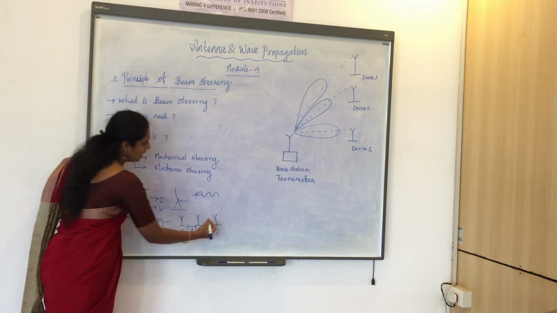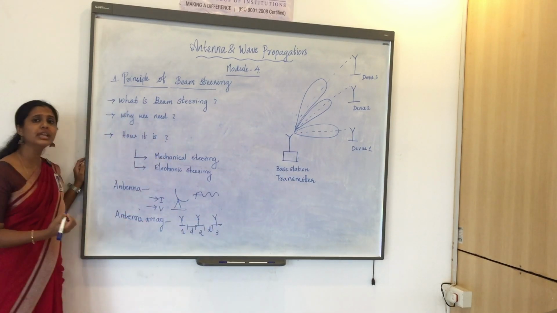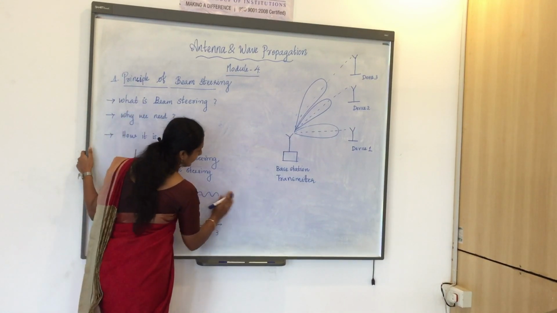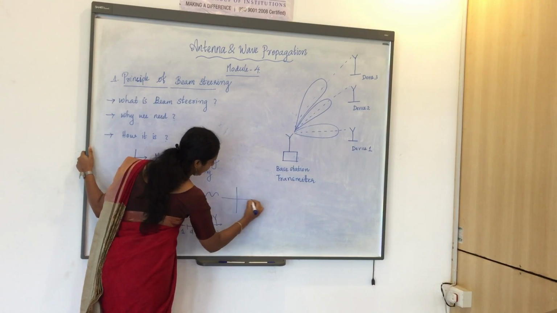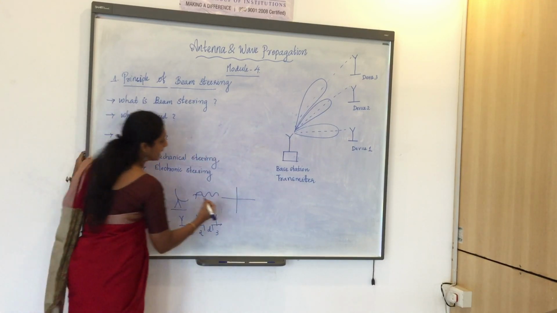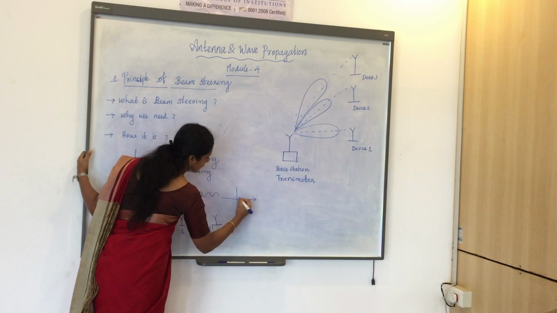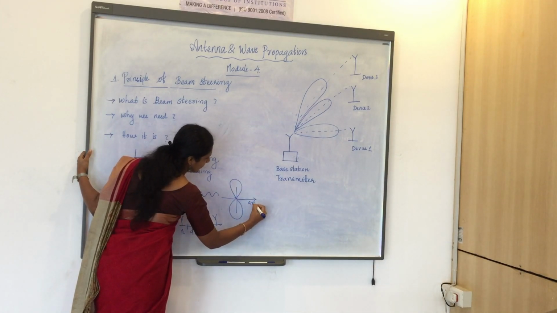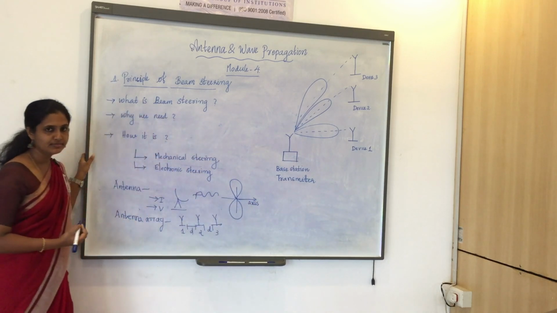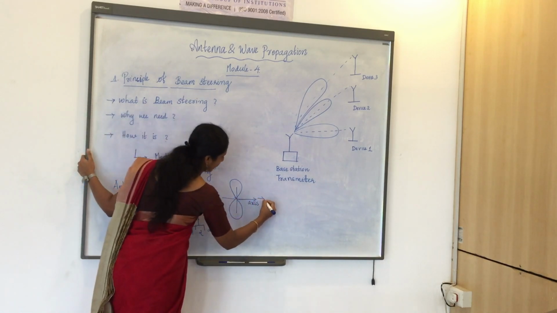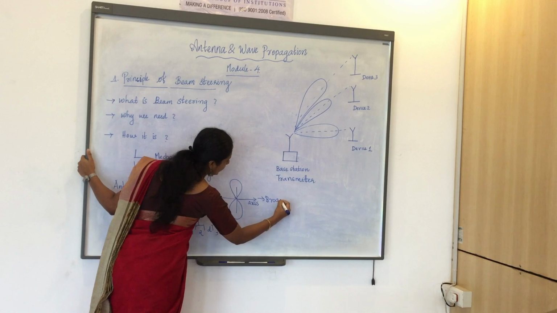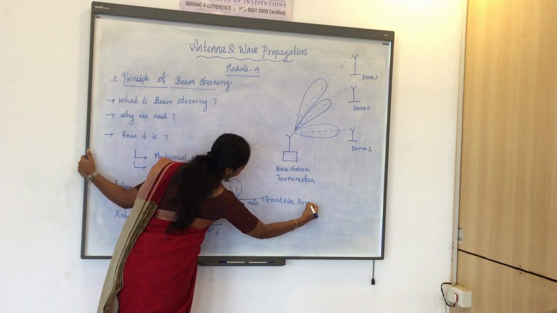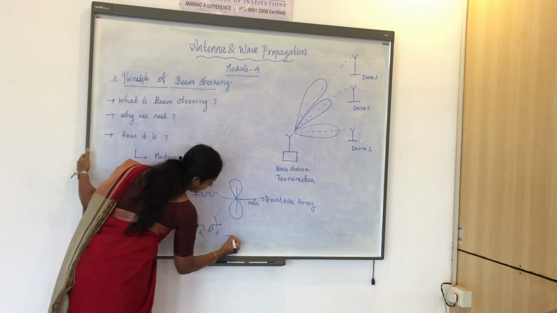In the normal case, there are two types of antenna arrays. One is the broadside array. In the broadside array, the radiation pattern is perpendicular to the direction of the antenna axis. The other type is the end fire array.